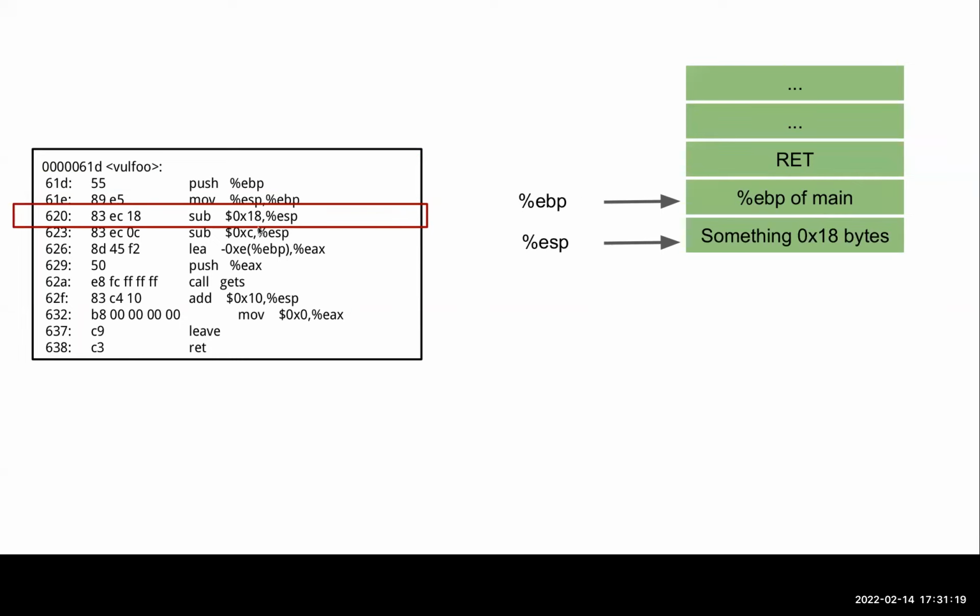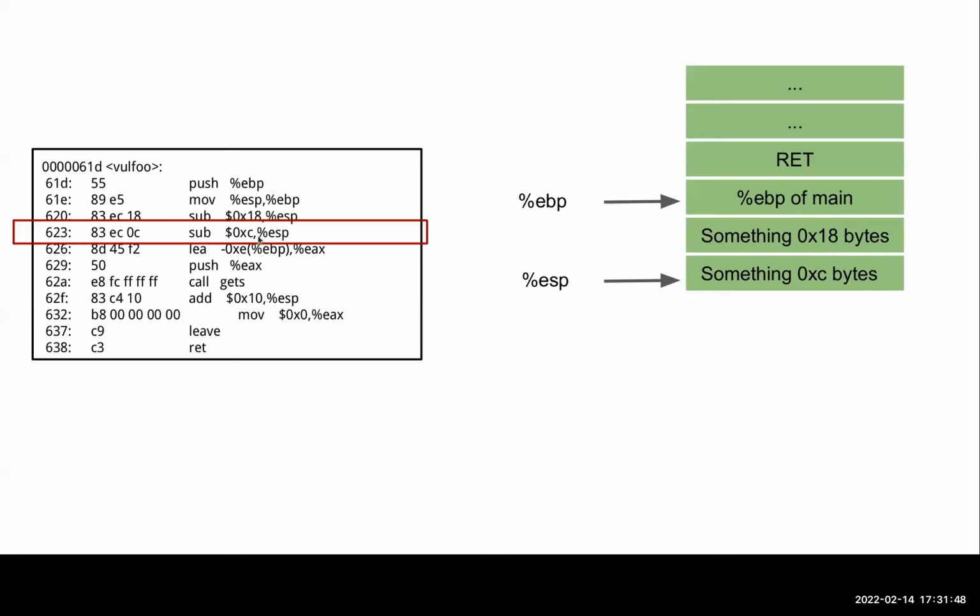Then we have a subtract ESP of 18 in hex. That's 24 bytes. So now ESP points to some place lower, and that lower place is 24 bytes away from the saved EBP address. So this part is 24 bytes, or 18 in hex.